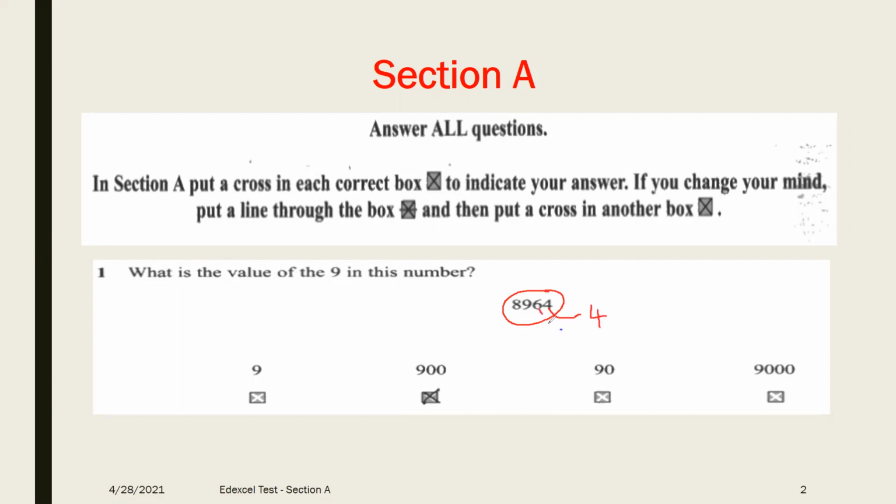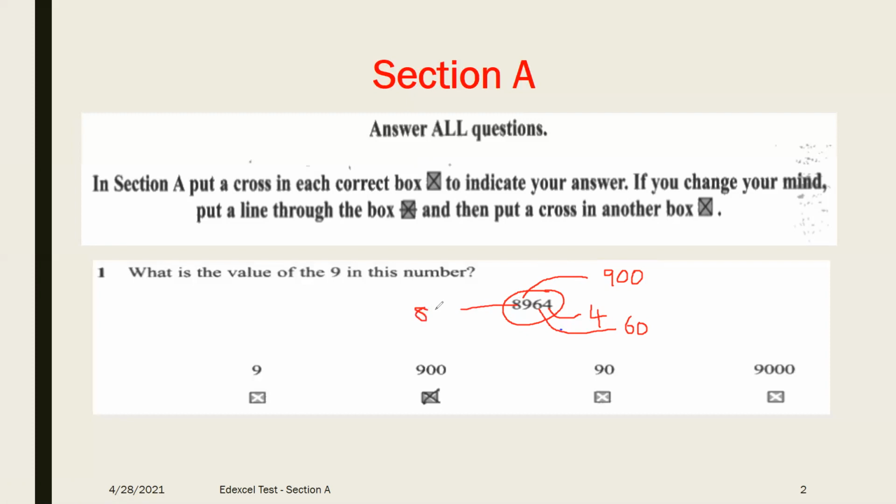This is the tens place, so it should be 60. This is the hundreds place, so it should be 900. And this is the thousands place, so it should be 8,000.